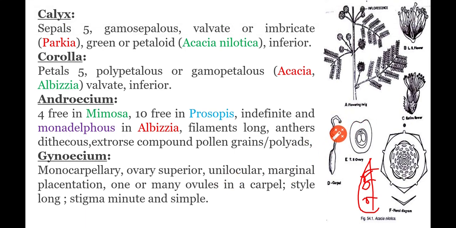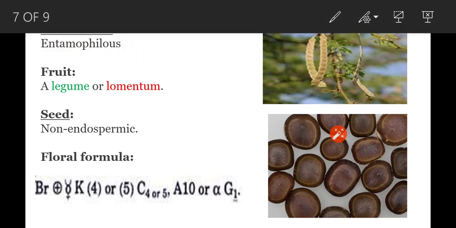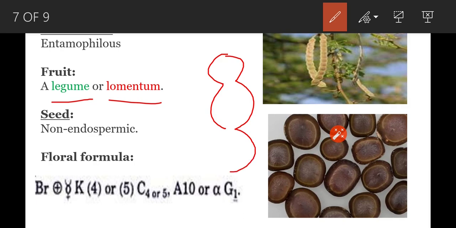Okay. Next, coming to pollination. Pollination is entomophilous. Entomophilous pollination takes place with the help of insects. Next, fruit is legume or lomentum. What is the difference between legume and lomentum? In lomentum fruits, deep constrictions are present in the fruit.